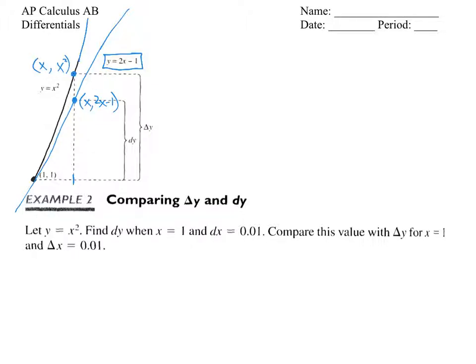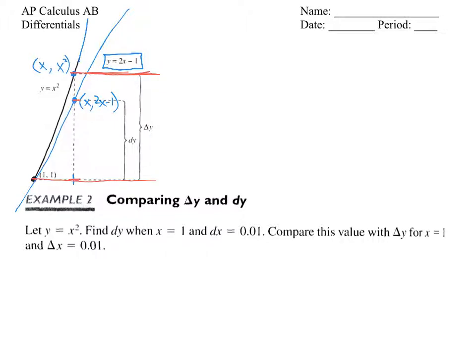Now dy we can do in this case because we actually can go ahead and plug in something and square it, and that's pretty easy to find. Okay, so the dy is the difference between the y value we have and the approximation. The delta y is the real thing. Okay? So we're letting y equals x squared.